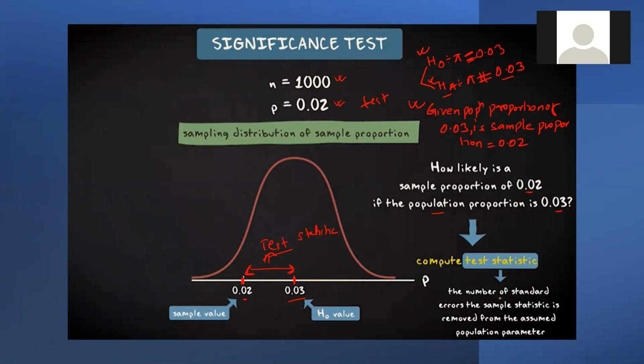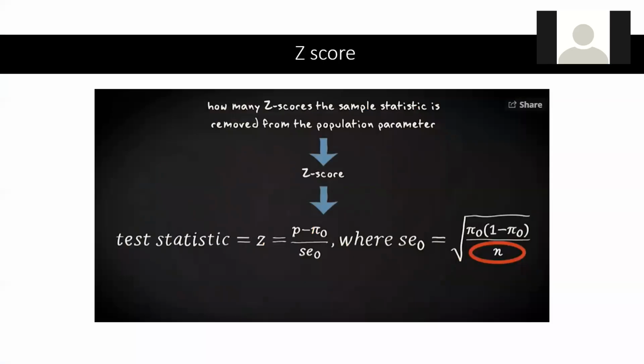This difference is what we call the test statistic, which is also called the number of standard errors the sample statistic is removed from the assumed population parameter. This is the formula, similar to a Z score: P minus pi naught, divided by SE naught, the standard error.